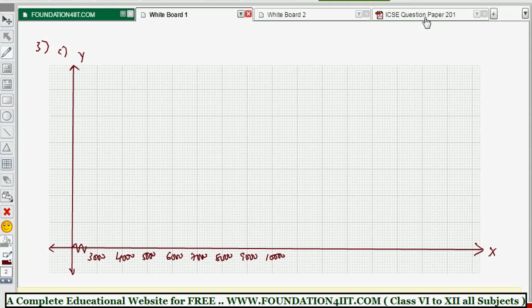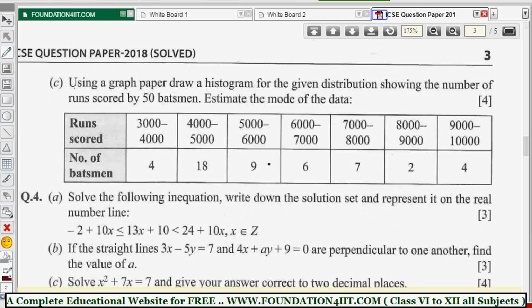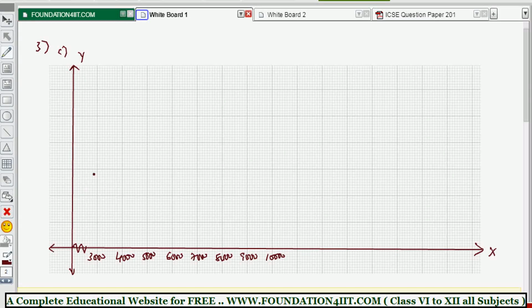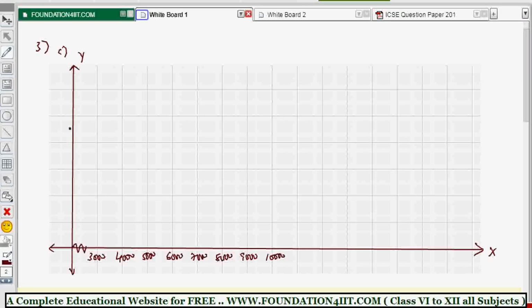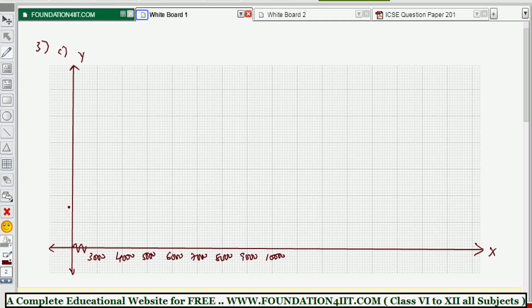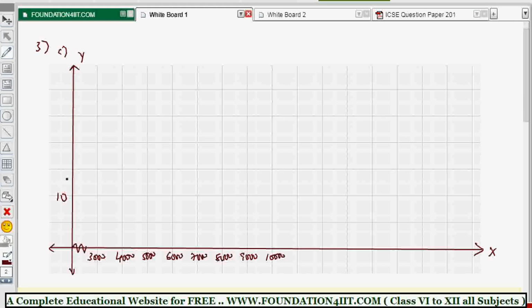Then when you observe the y-axis, 4, 18, so highest is 18. So we can take 2, 4, 6, 8, 10. Now we can take 5, 10, 15, 20. 2 centimeters will take one batsman. I'll take 10.